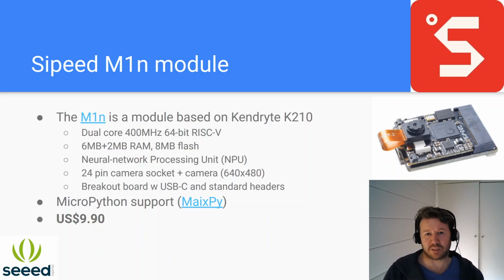it's a block of hardware that accelerates the kind of mathematical operations that are used for your TensorFlow kind of libraries. So they've got 2 meg of RAM dedicated for that kind of processing. This module has a 640 by 480 camera. You can plug into it over that 24-pin socket. And if you look at that picture, that's the module on top. And below it, there's a breakout board.